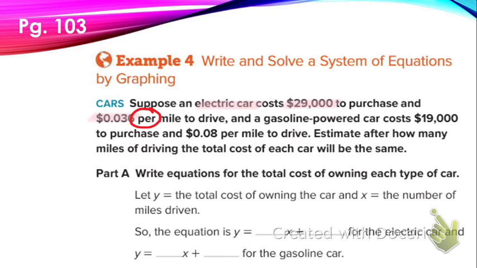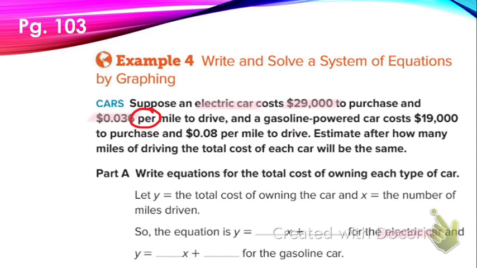So let's go ahead and write our equation right now for an electric car. So for an electric car, Y is going to represent the total cost of owning the car, and X is the number of miles driven.